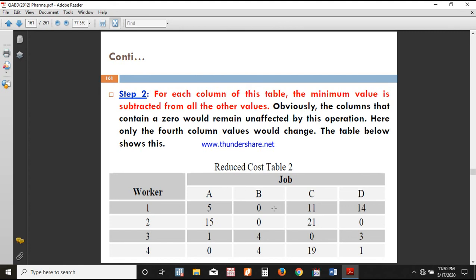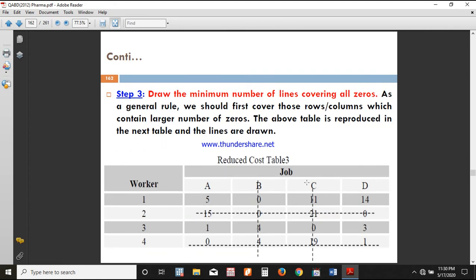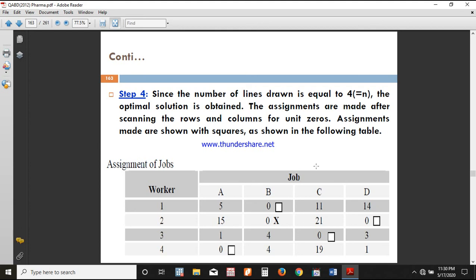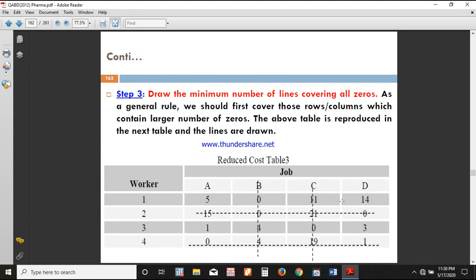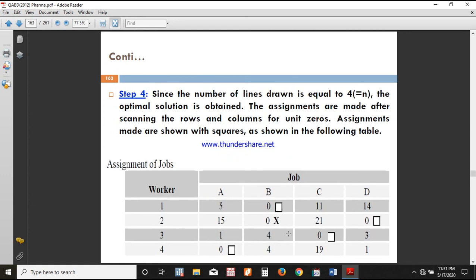Therefore all zeros are covered by drawing two vertical and two horizontal lines. Assignment is now possible through this, because all values are covered by these 4 vertical and horizontal lines.